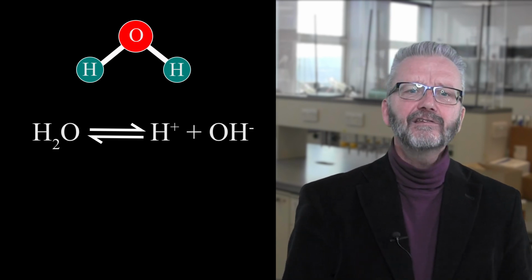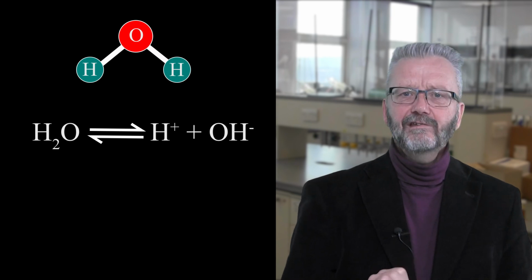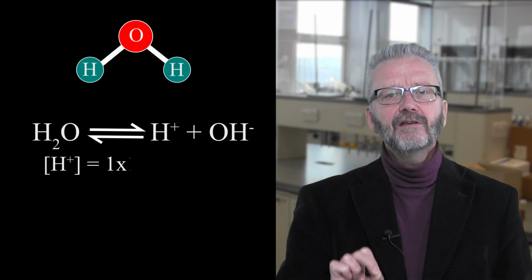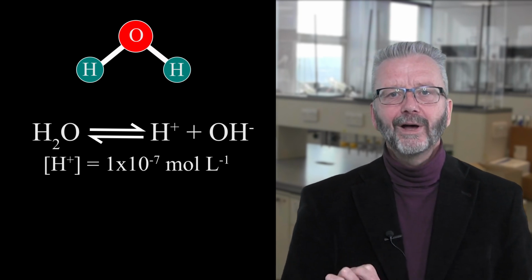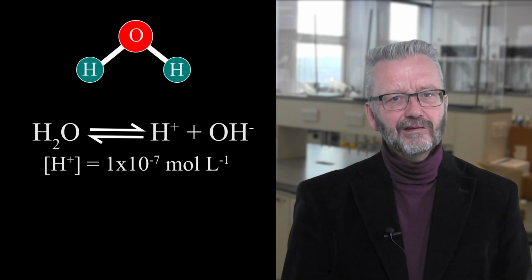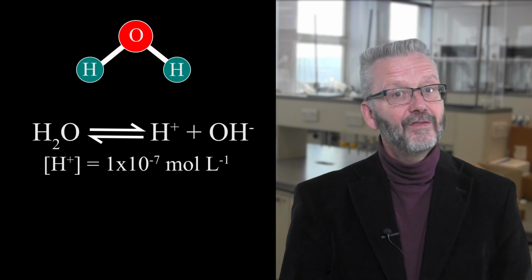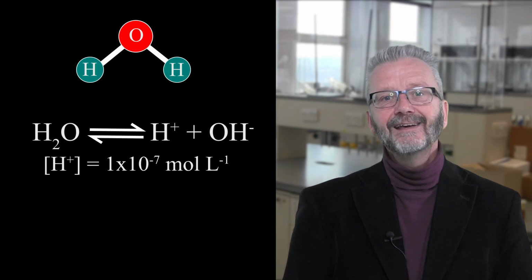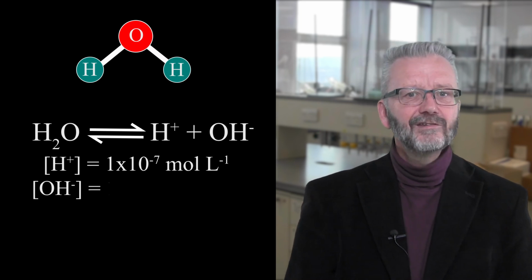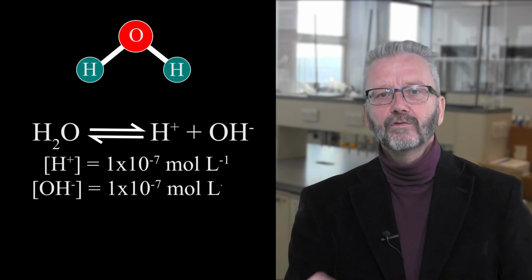If we analyse a sample of pure water, we discover that the concentration of hydrogen ions is 1 × 10⁻⁷ moles per litre. Looking at our reaction scheme, it shouldn't come as too much of a surprise that the concentration of the hydroxide ion is the same as the hydrogen ion concentration at 1 × 10⁻⁷ moles per litre.